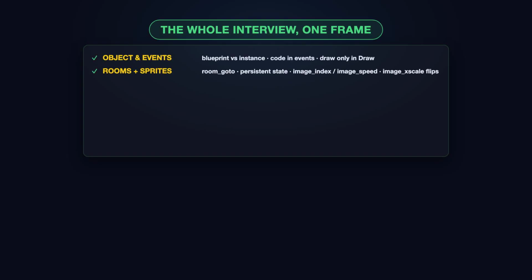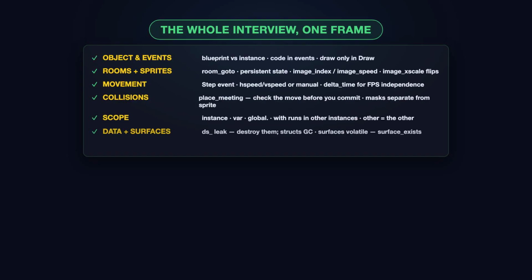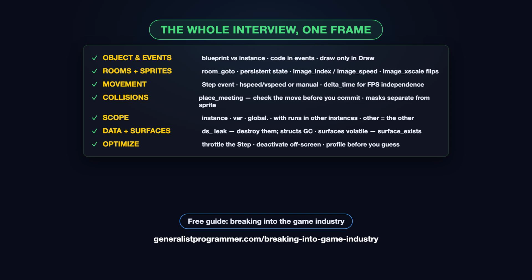So there it is, the whole GameMaker interview in one frame. The object and event model: object is a blueprint, instance is a copy, and code lives in events with drawing only in draw. Rooms and layers, with room_goto and persistent objects for state. Sprites, driven by image_index and image_speed, flipped with image_scale.